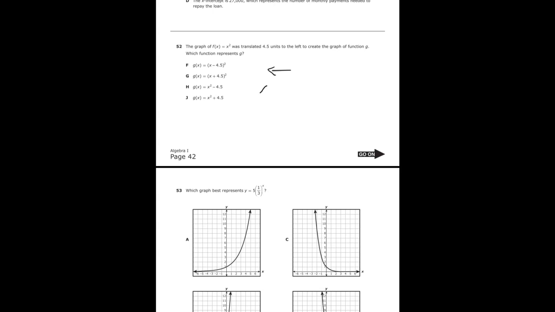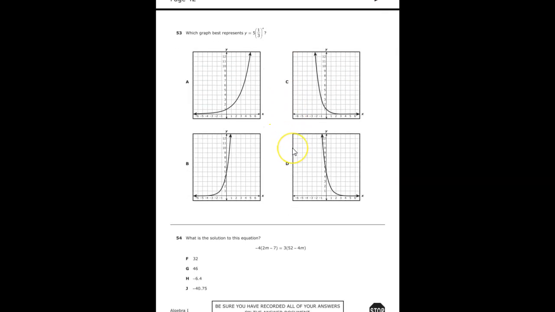So it's going to be x plus 4 squared. Even though translating to the left means becoming more negative, because it's happening on the horizontal axis, it tends to behave in the opposite way. So this is what that is going to be.